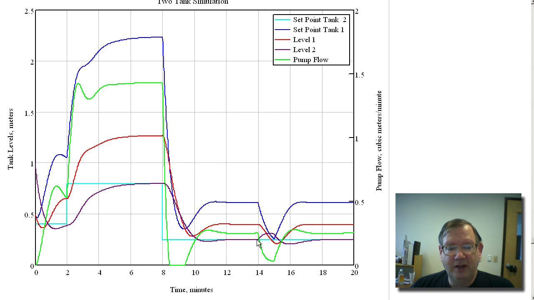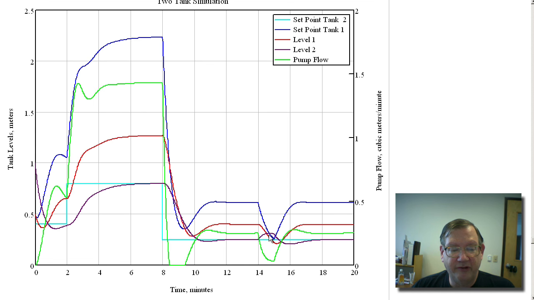At time 14 minutes, I add 0.2 cubic meters per minute of water or fluid to the tank, up into about 15 minutes. And you can see how the system responds.